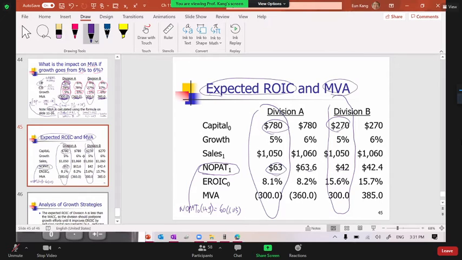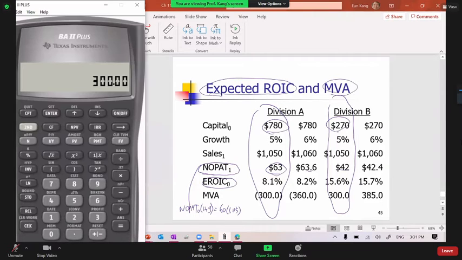Then EROIC is what? EROIC is NOPAT 1 over capital 0. Not sales, operating capital. So 63 over 780.